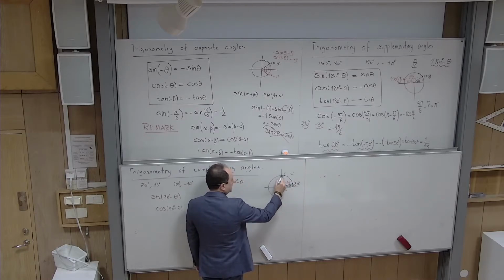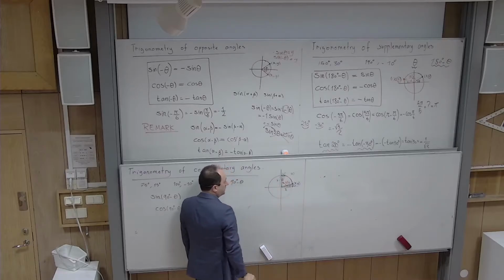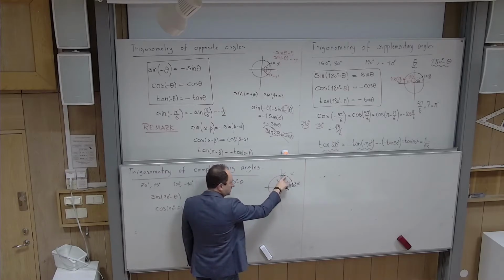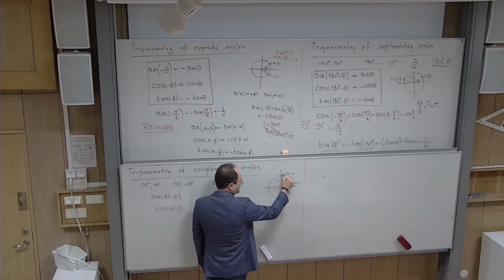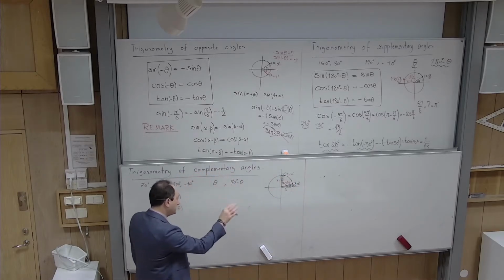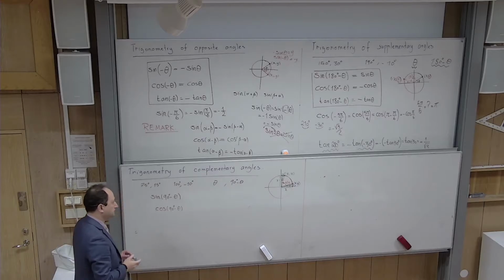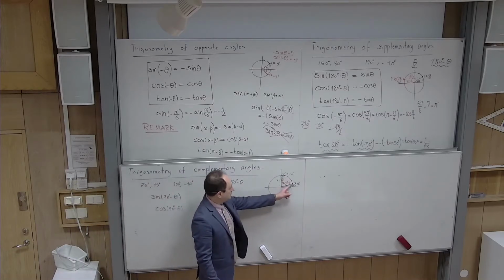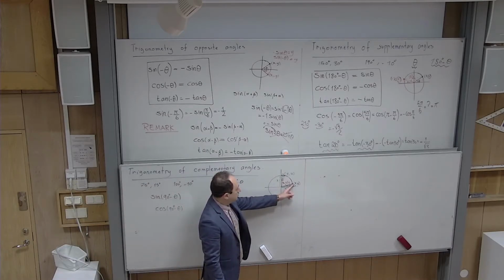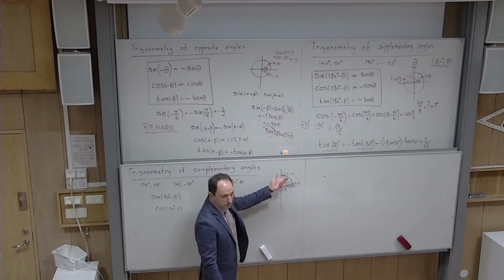So from here to here is also y. But what is y for this point? Y is the x-coordinate of this point. So I will put y instead of x. I will put it in the first component. So hopefully you are convinced that if the coordinates of this blue point are x and y, the coordinates of the red point are flipped: y and x.